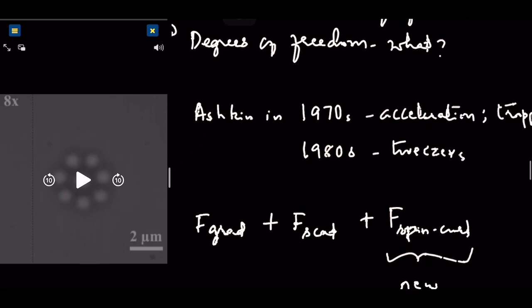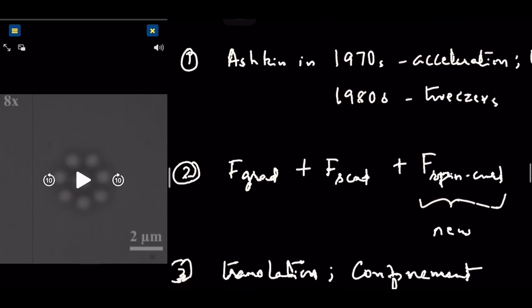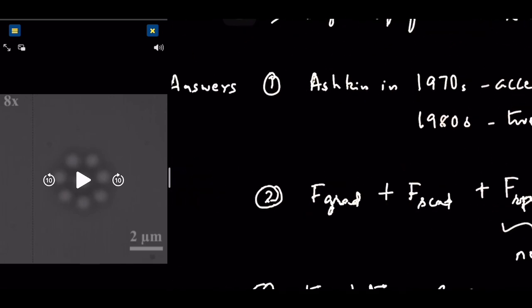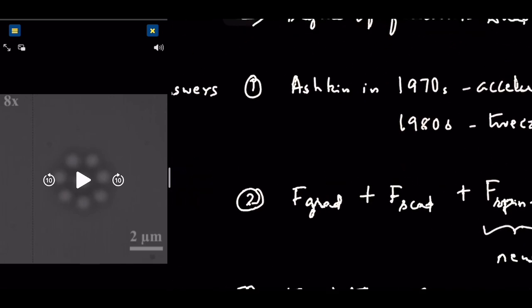And to go further, one needs to understand the nature of forces per se. So Ashkin, at a very early time, recognized that there are quite a lot of interesting forces associated with the interaction. The first and the most important is something called the gradient force.